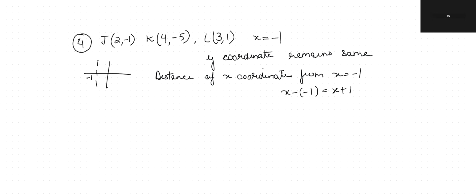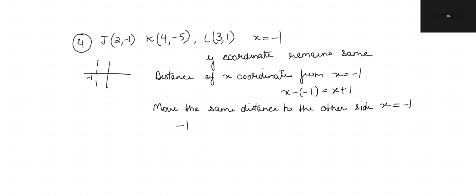And then we move the same distance to the other side of x is equal to minus 1. So that will be negative 1, minus (x plus 1).